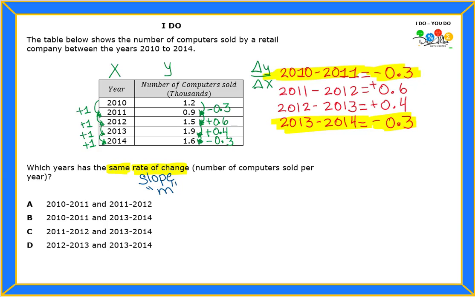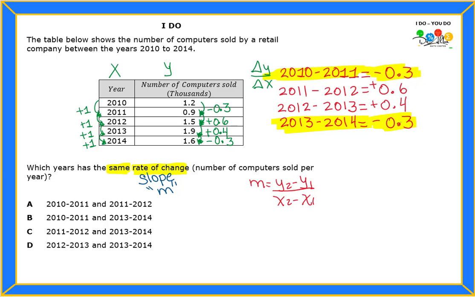All right. If you want to, we can actually do the formula. Remember that to find the slope, I use the formula y sub 2 minus y sub 1 over x sub 2 minus x sub 1. And I would choose the points from 2010 and 2011. Here it's going to be up to you to decide, do you want to write the years on the denominator, or do you want to give a specific value for the years 2010 and so on?